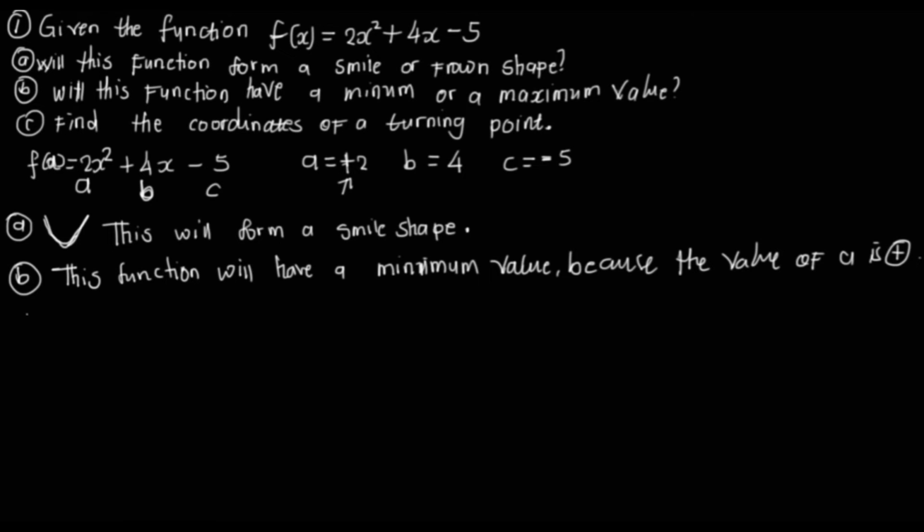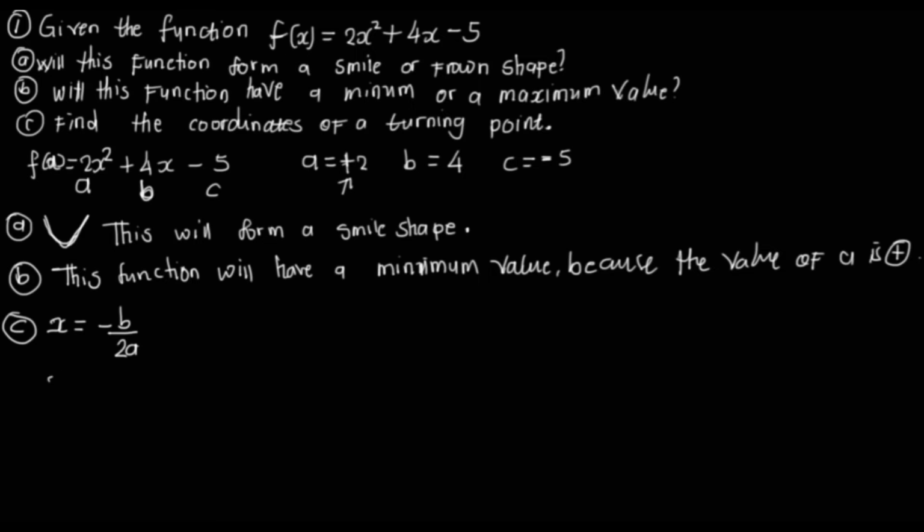Now, question C, we are trying to find the coordinates of the turning point. When finding the coordinates of the turning point, we need to find the x coordinate and the y coordinate. Let's begin by finding the x coordinate. The formula is x equals negative b over 2a.